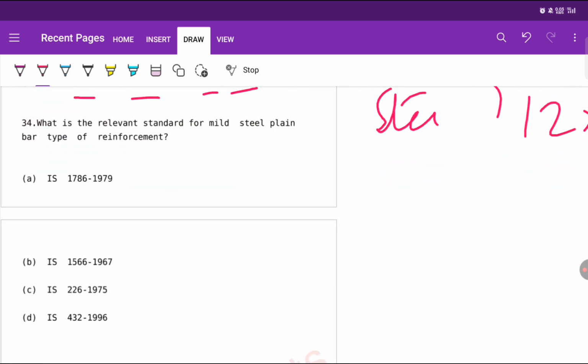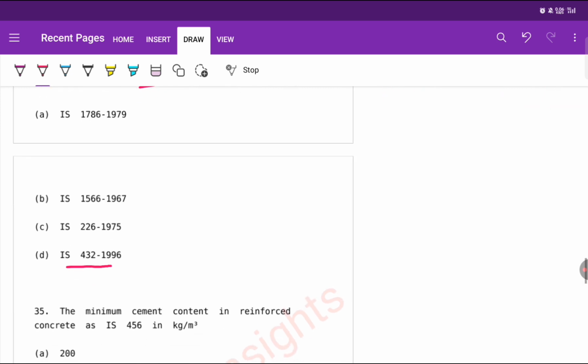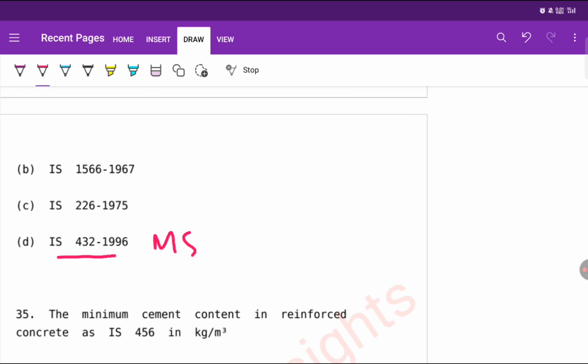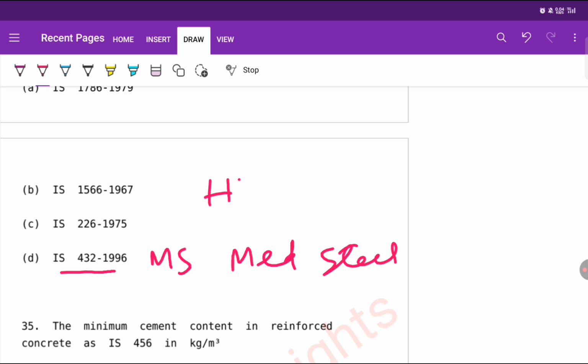Question 34: what is the relevant standard for mild steel plain bar type of reinforcement? The relevant code for mild steel plain bar is IS 432 1996. This is for mild steel and medium steel, remember. For high strength deformed bar, the code is IS 1786.